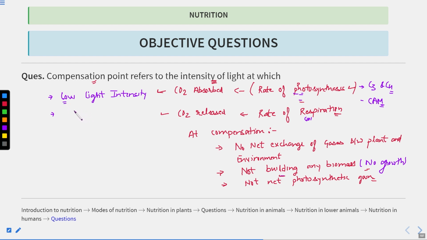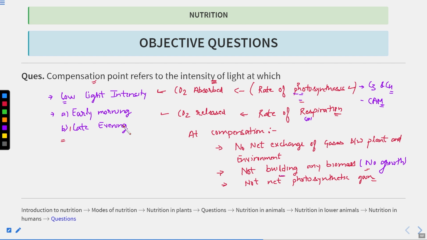It is the early morning, and also the evening time. The compensation point is seen either during the early morning or during the late evening.